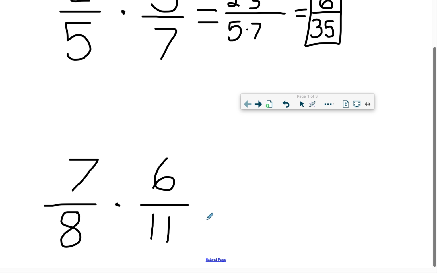Now we're going to do 7/8 times 6/11. And with this one, there's something that maybe you might see right away. As you know, in class, we've been talking about the fact that you want to first look for if any numerator has a common factor with any denominator.